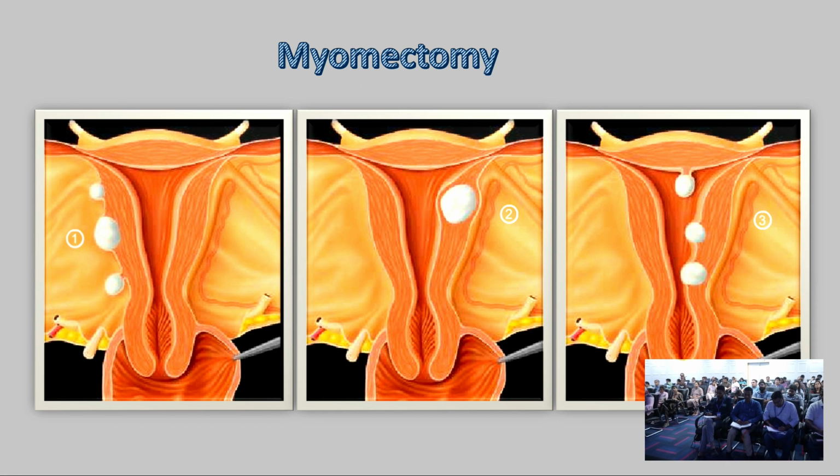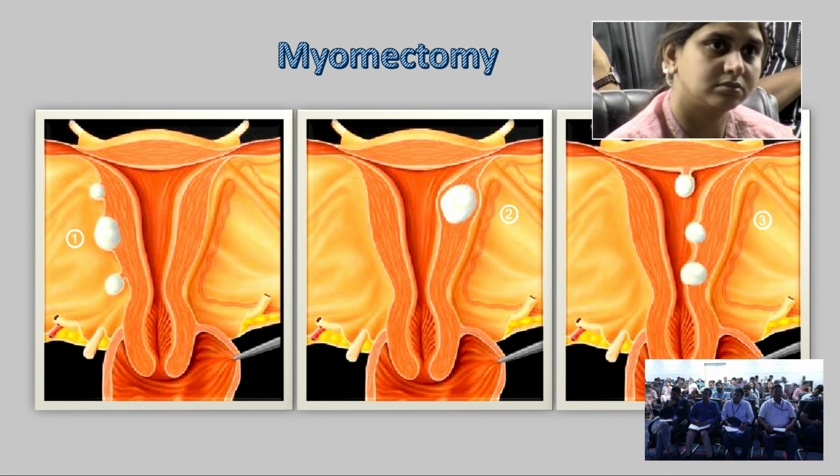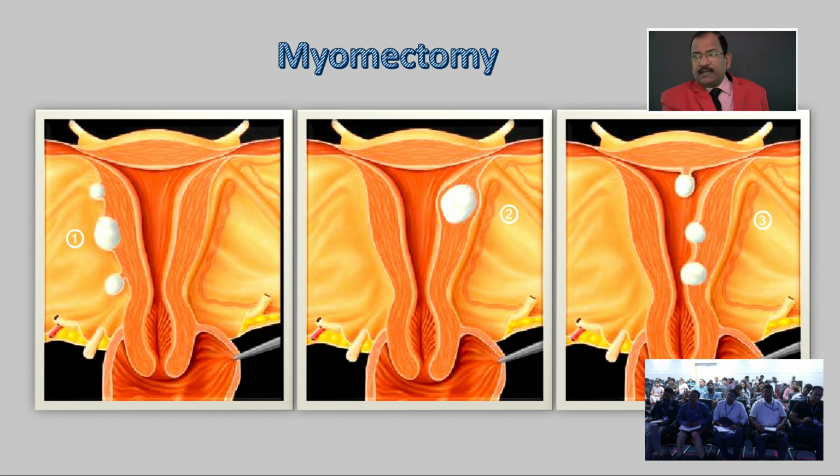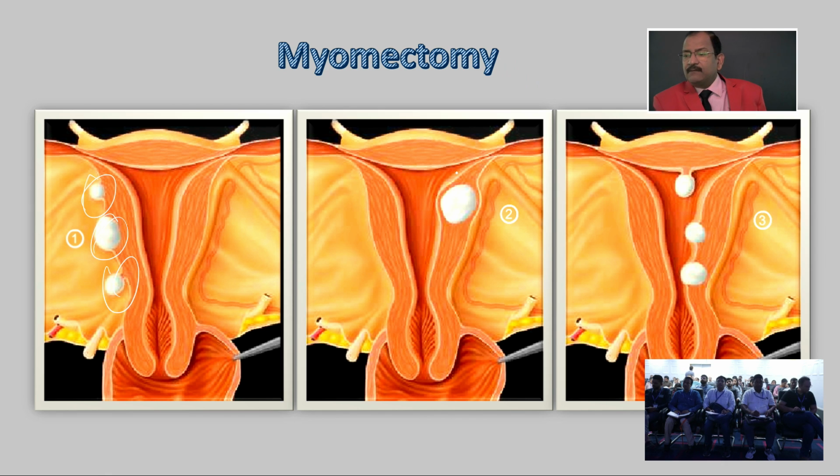Now we will discuss some of the operative cases. One of them is the myomectomy. As we know, there are 3 types of myoma: subserous, intramural, and submucous.